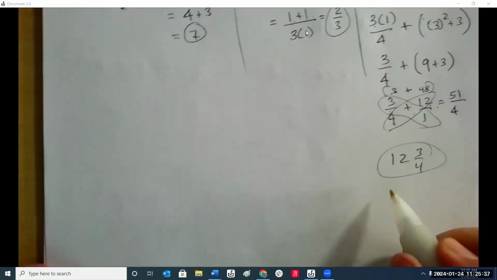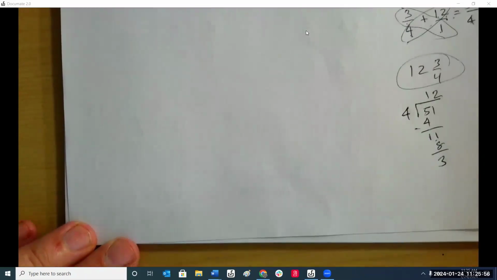How many times does 4 go into 51? 4 goes into 5 once. 4 goes into 11 2 times. Since 3 is smaller than 4, it's 12 3/4.